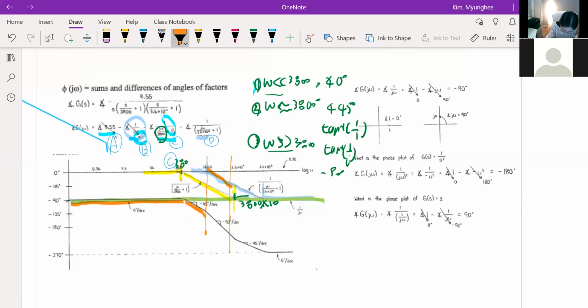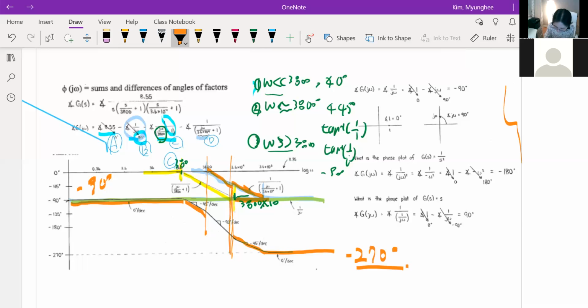And then starting from here again, now this becomes just negative 90, and then you have only this decay. It becomes negative 45, and then it looks like this. So there are three 1 over j omega, so eventually it will go to negative 270 degrees. Because there is a pure integrator, it starts from negative 90 degrees.